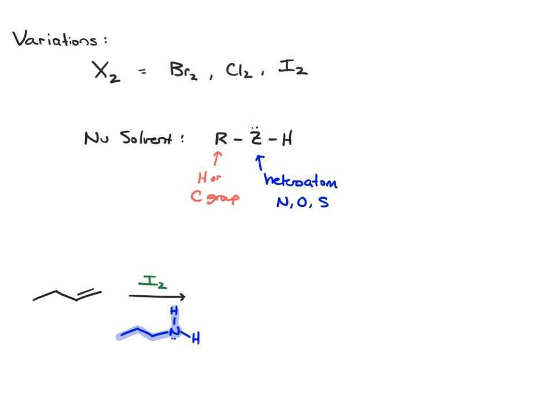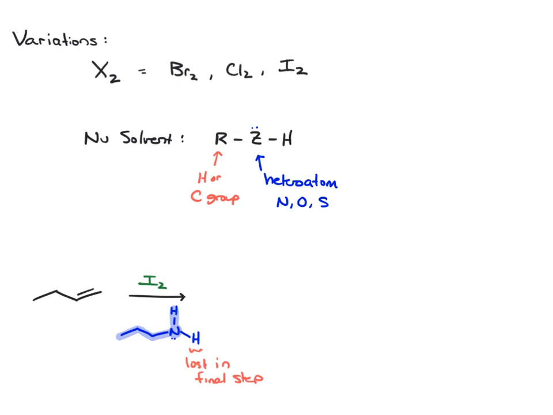It'll also keep one of its hydrogens. One hydrogen is lost in the final step, the same way a hydrogen from water was lost in the final step in the mechanism we did previously.